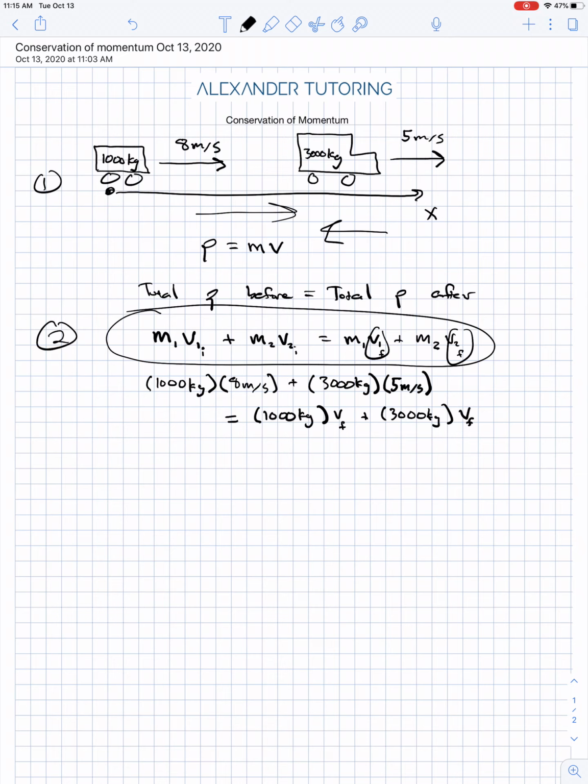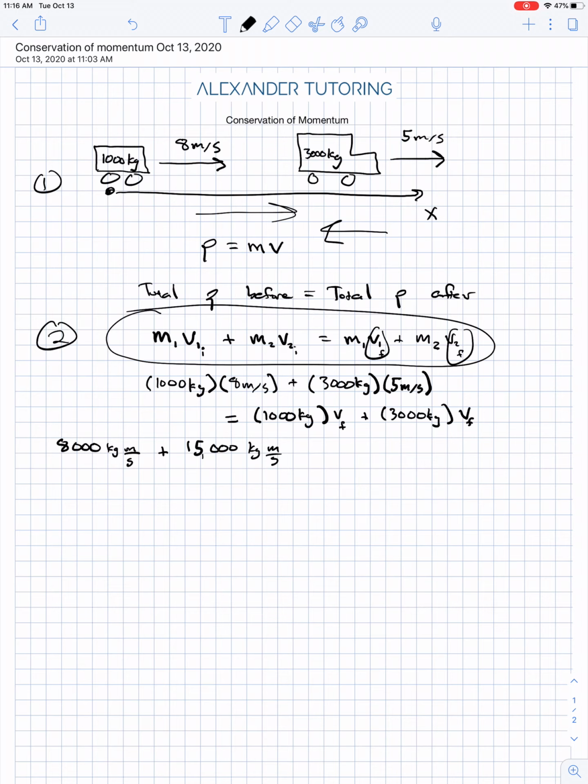Okay, now we just do the math. So for the first one, we have 1,000 times 8 is 8,000 kilogram meters per second, which is the unit of momentum, plus 5 times 3,000, which is 15,000 kilogram meters per second. You can see our units are all the same, that of momentum.